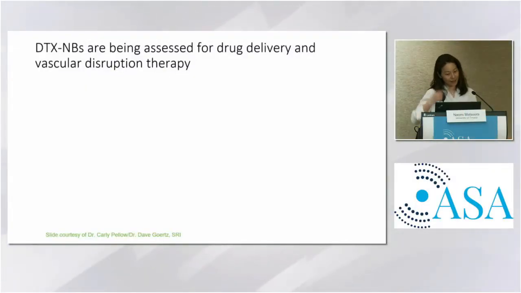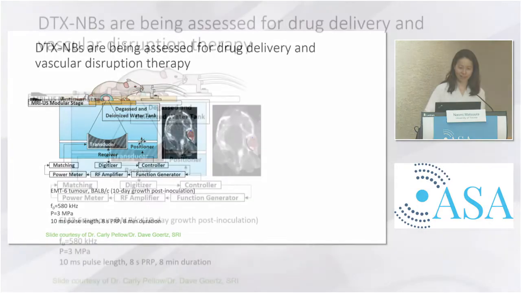So this is work that's pretty recent, and this is work I'm doing with David Gertz's group at Sunnybrook Research Institute, and we are addressing these nanobubbles and these drugs that are loaded on these nanobubbles to assess drug delivery and vascular disruption therapy. So on the left-hand side here is our mouse model.